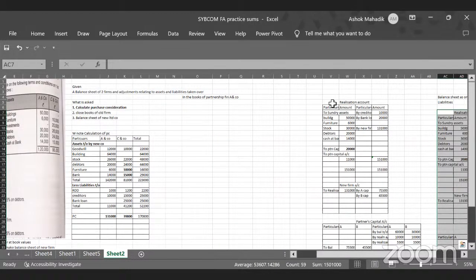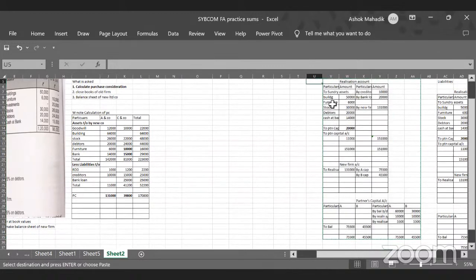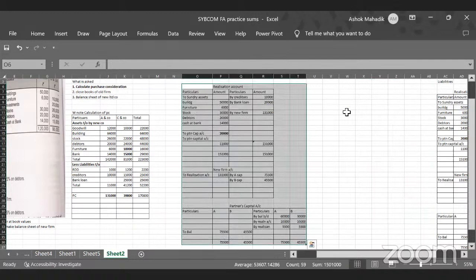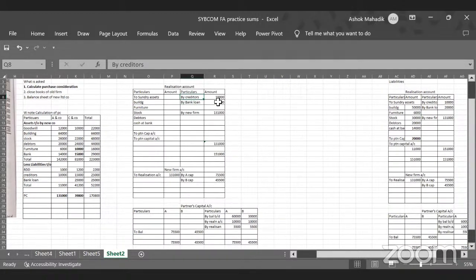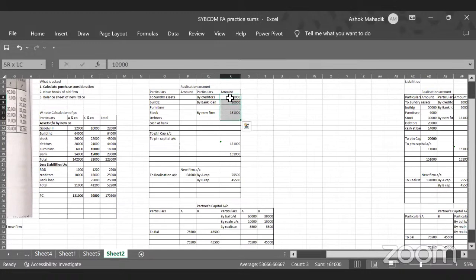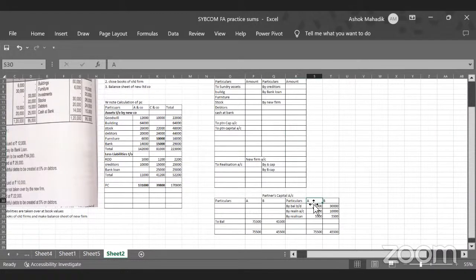It's on C and company now. And let's remove the values.